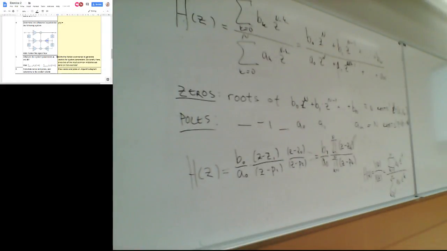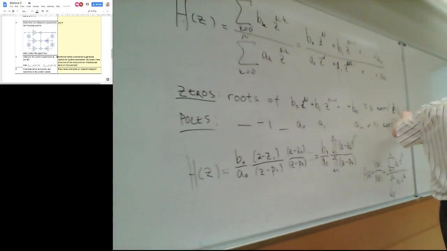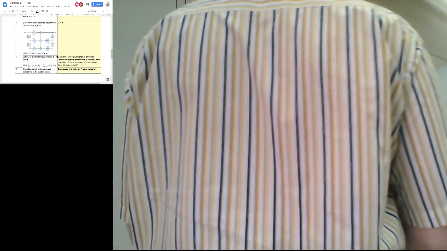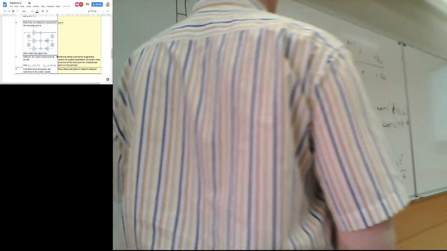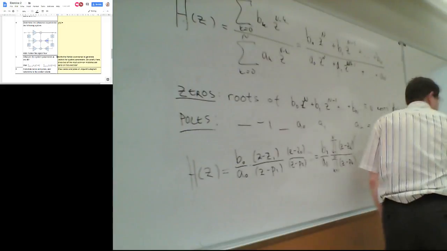So now we actually introduce a couple of new things there. For any nth order transfer function, we have n roots for the numerator and denominator, meaning n zeros and n poles.